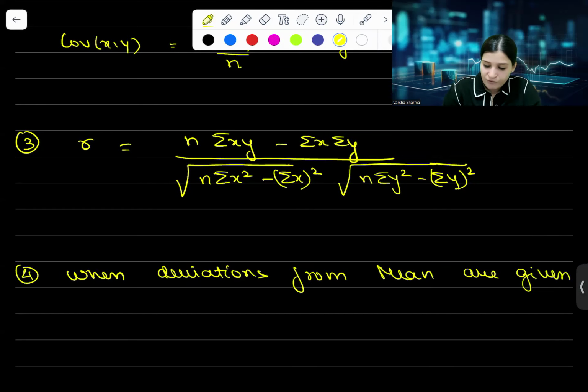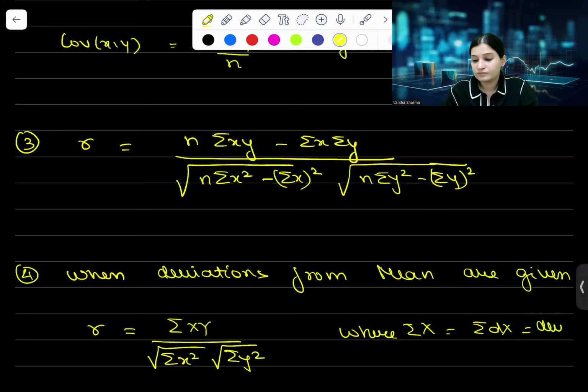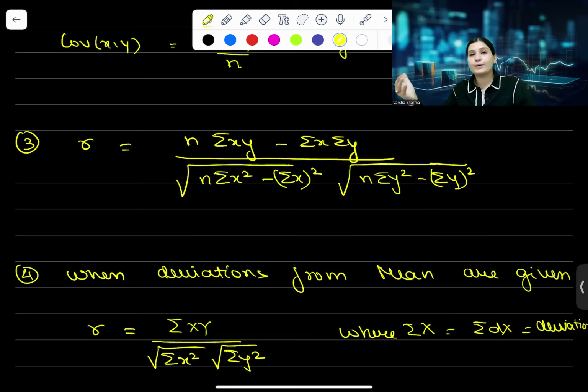In that case, the formula we will use is summation xy by root over summation x square, root over summation y square, where x is sometimes also written as dx, deviation of x, and y is dy, deviation of y.